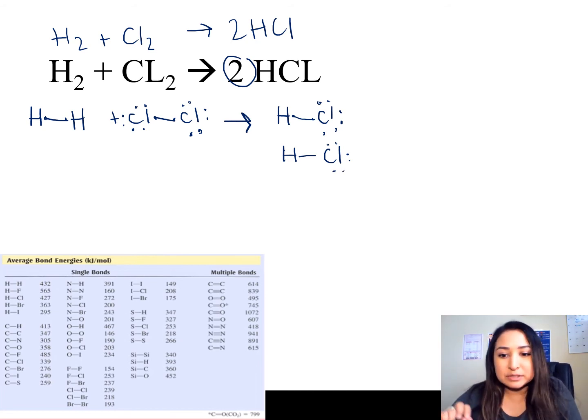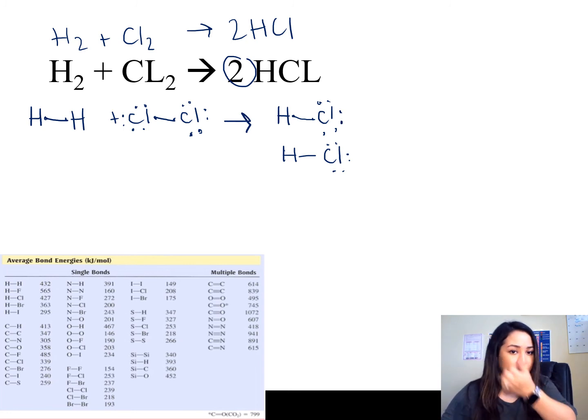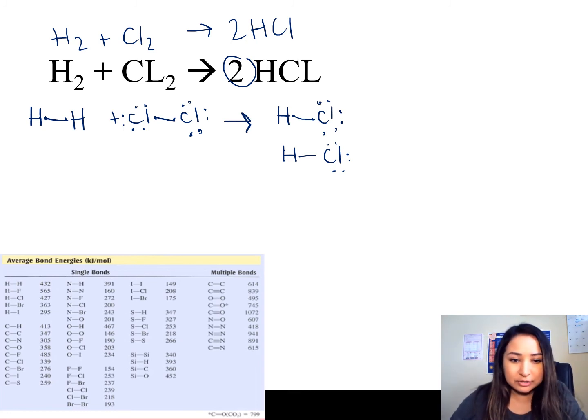Okay, so step number 2 now is to label our molecules with the bond energies. So for hydrogen with another hydrogen, the H to H bond, it's this one right here, which is 432.